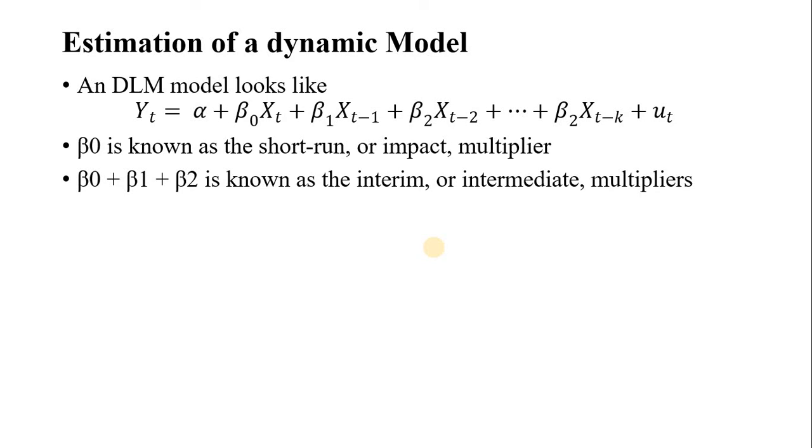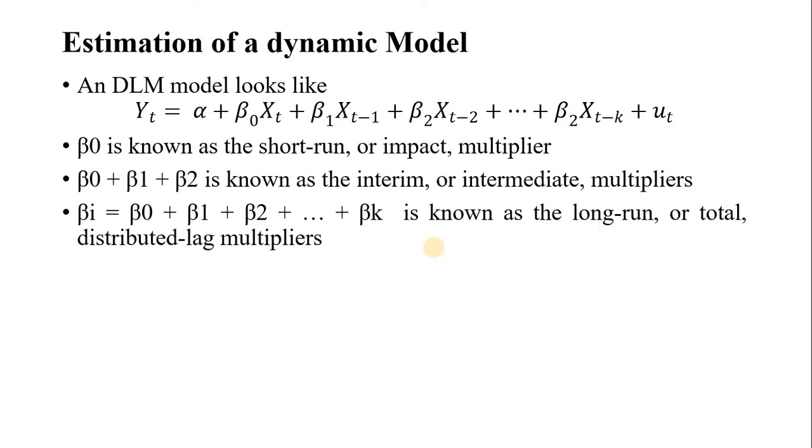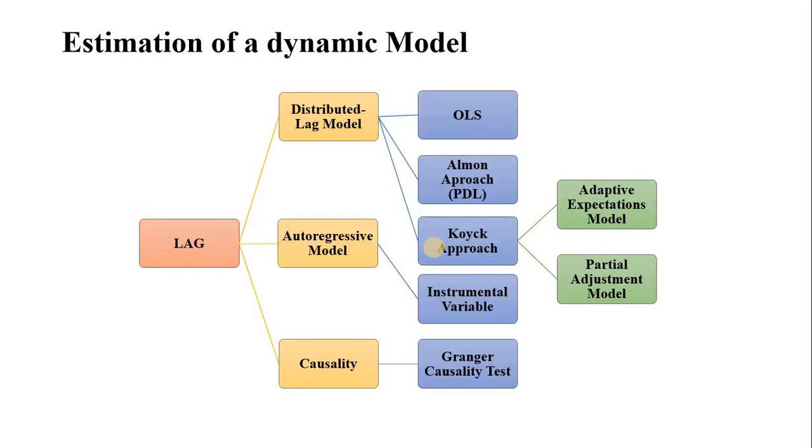Then if you take the sum of all the slope coefficients, suppose all 16 values, it will give us the long-run multiplier.